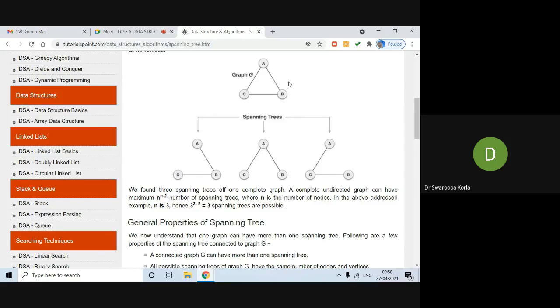For example, in this graph Z, A, B, C are the vertices, and three edges are connected here, connecting all the vertices.